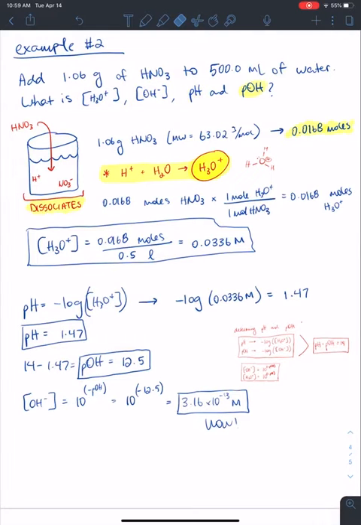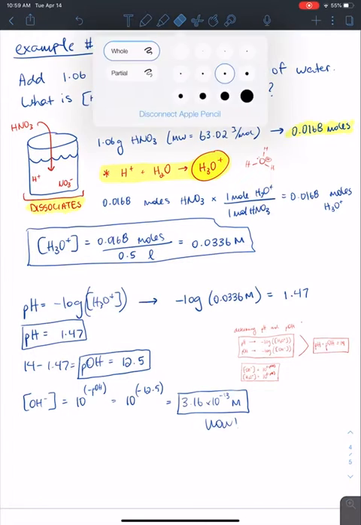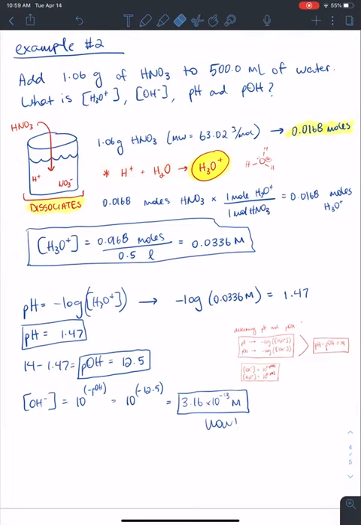Then we need to figure out a way to go from moles of nitric acid to moles of hydronium ions. So for every mole of nitric acid, you're going to get 1 mole of hydronium ions. And you're like, well, how did you make that jump, Mr. Hicks? Well, you know that for every proton, H+, that you add to water, you're going to get 1 hydronium ion.